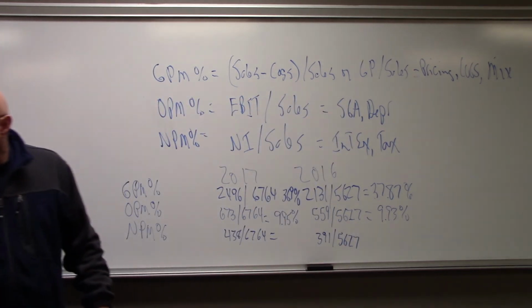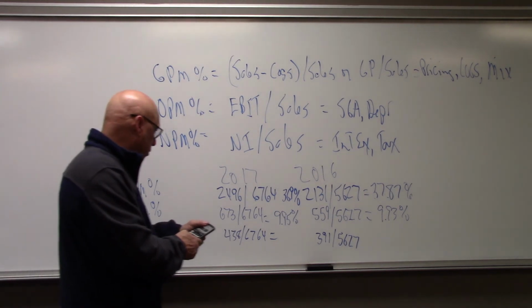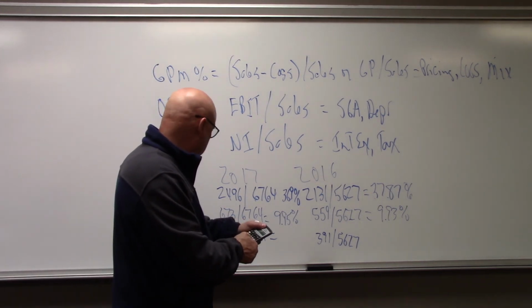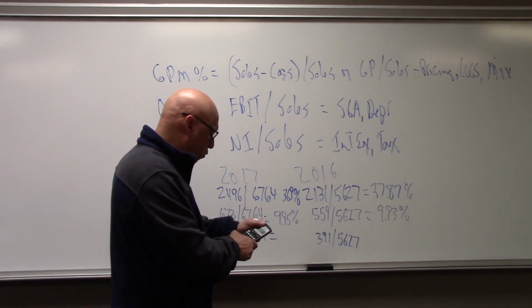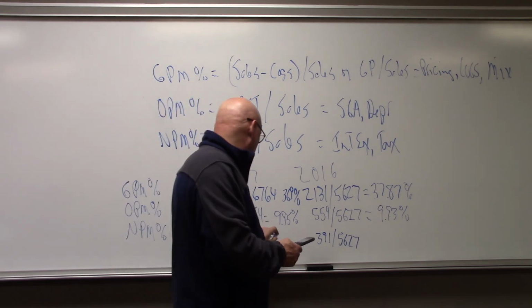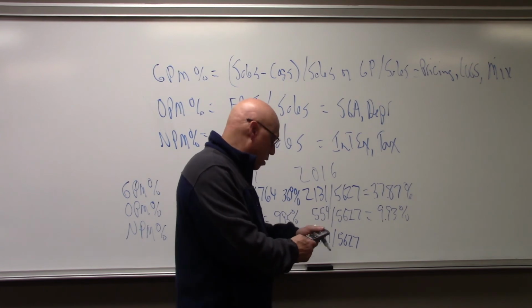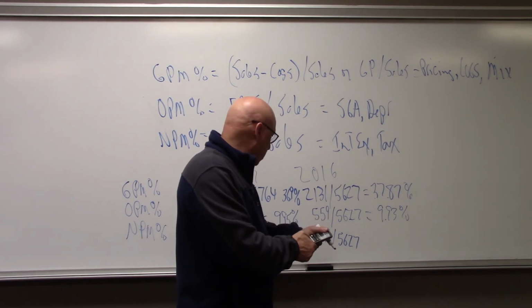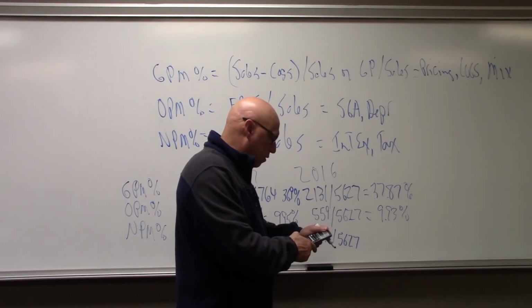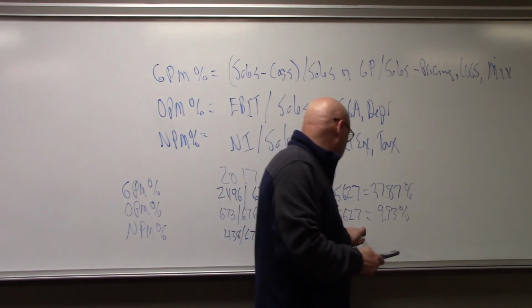Okay, see where those numbers are coming from? Net income divided by sales. So 438 divided by 6764 is 6.48%. And 391 divided by 5627 is 6.95%.